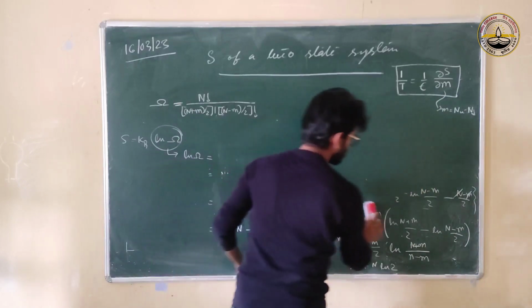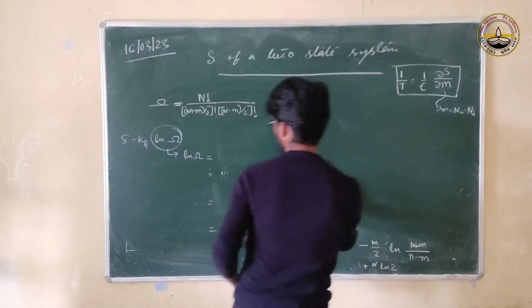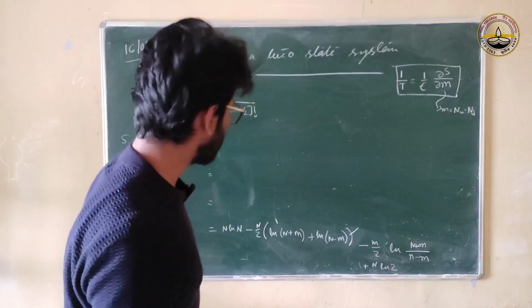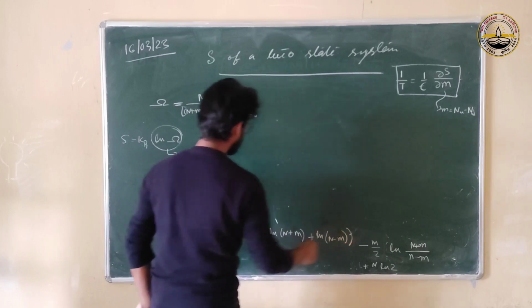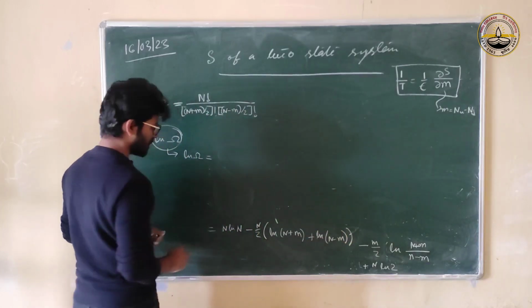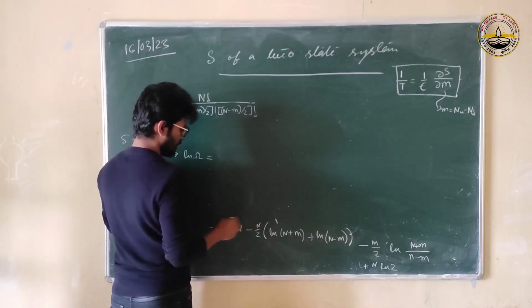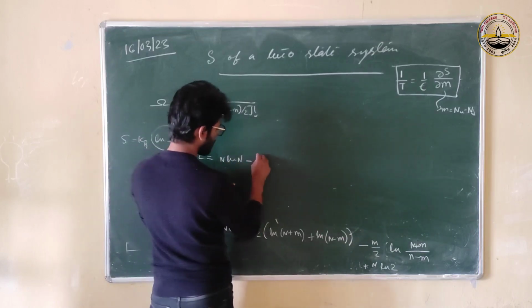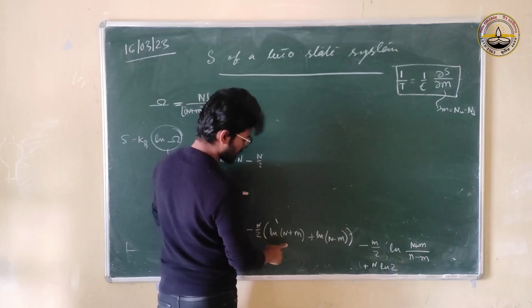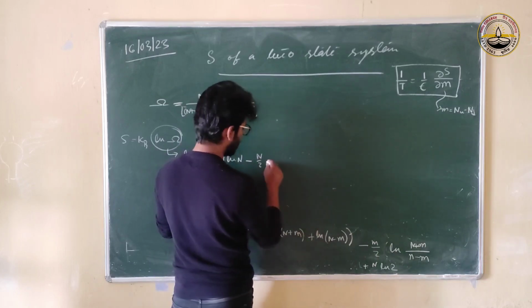Okay, so let me simplify this. I'm deriving it once again, actually, that I already did in the last class, because I want this to be in a particular form. Okay, so n ln n minus n over 2, and this is log a plus log b, which is log ab.